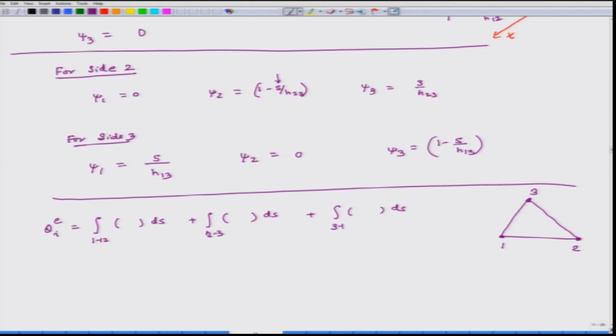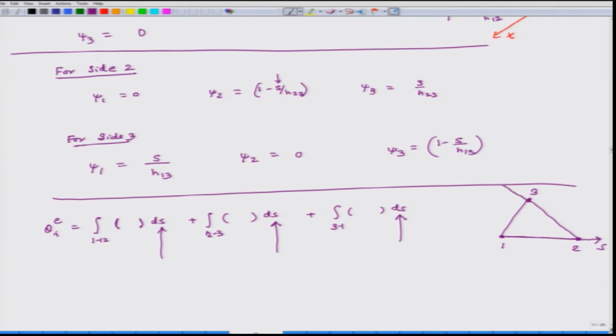But there is an important thing to note, that the definition of this S and the definition of this S and the definition of this S are the same or they are different? They are different. This S is S along this line. So, when I am calculating this S and all the parameters in the bracket, I should use the transformation based on the coordinates of nodes 1 and 2.